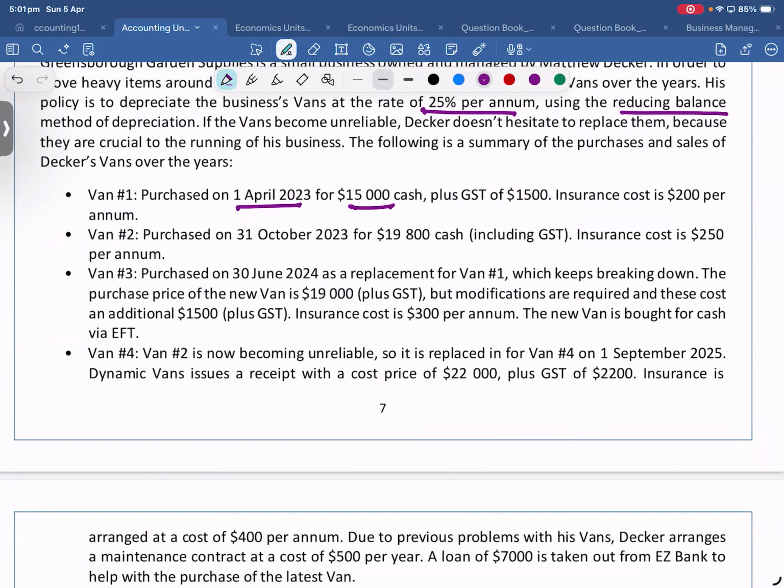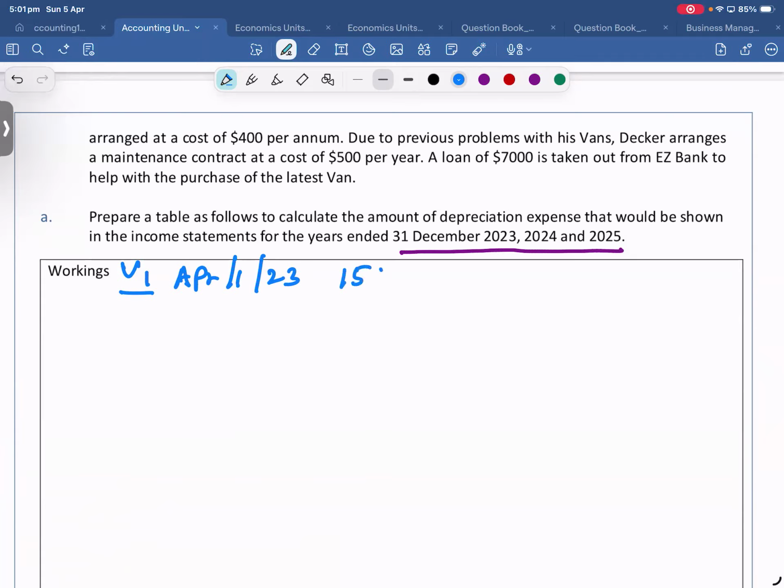Balance sheet. 15,000, 1st April 23. How much is the cost? 15,000 times 25 over 100 times how many months? 9 months out of 12.